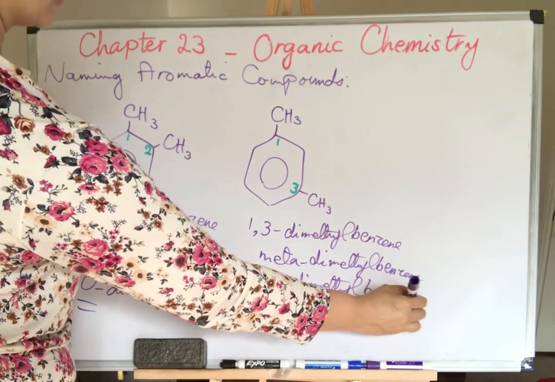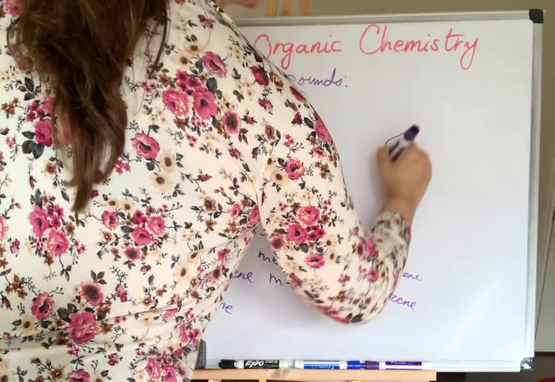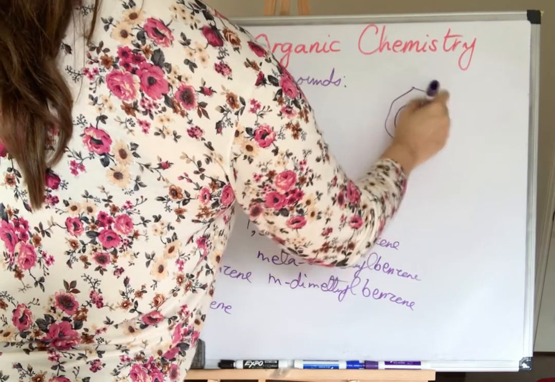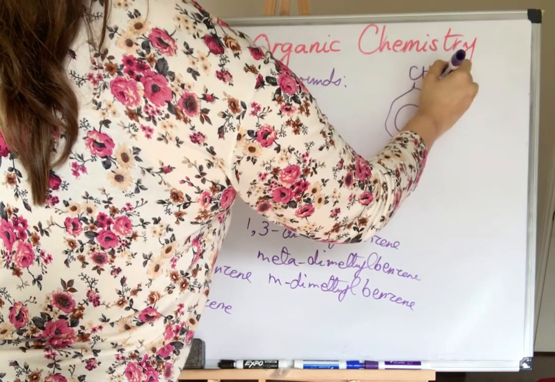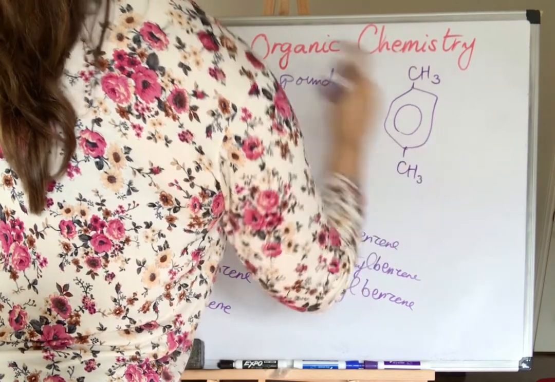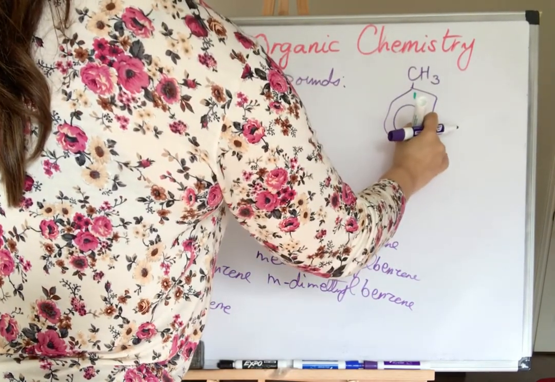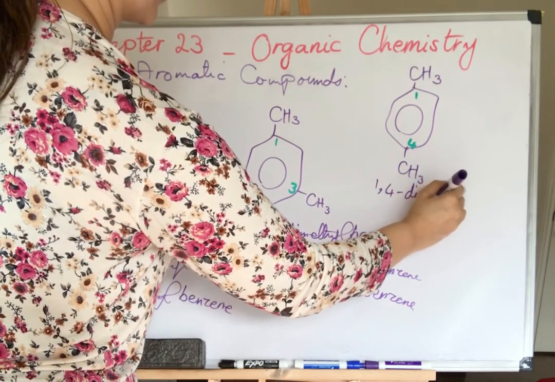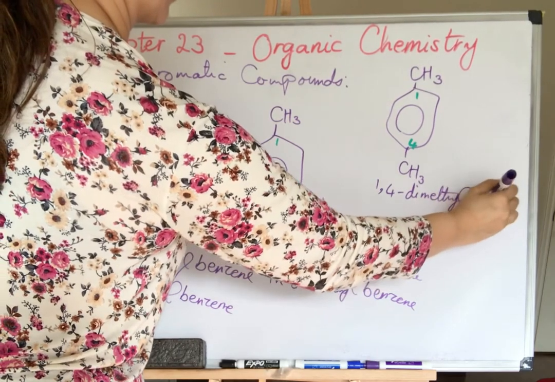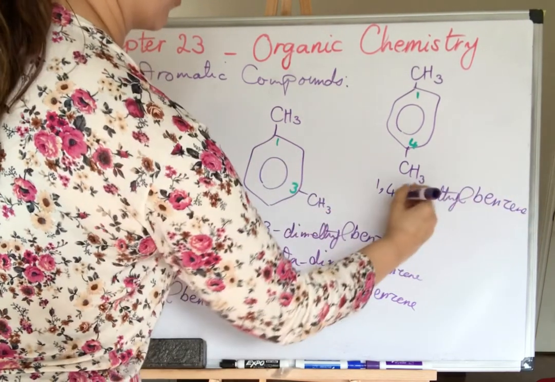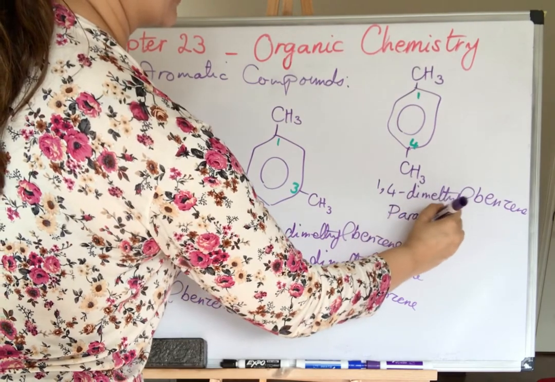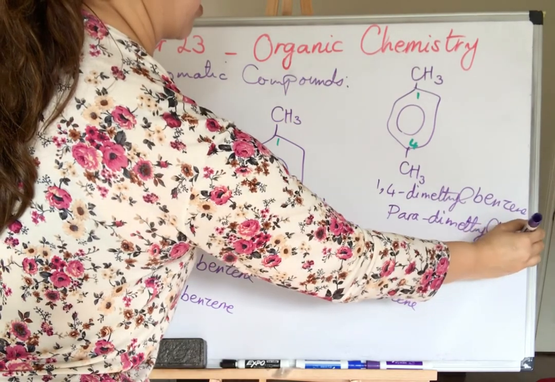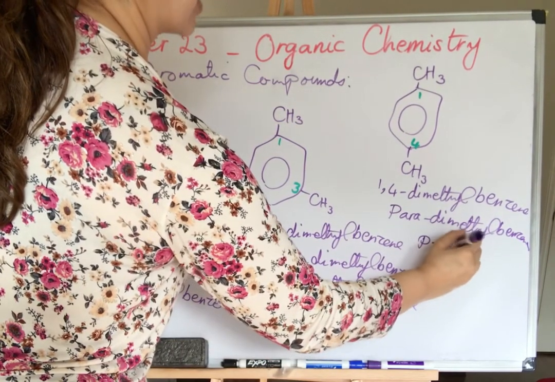And finally, if you have them on the first and on the fourth, so then you have 1 and 4 dimethyl benzene, or you call it para dimethyl benzene, or just P, dimethyl benzene.